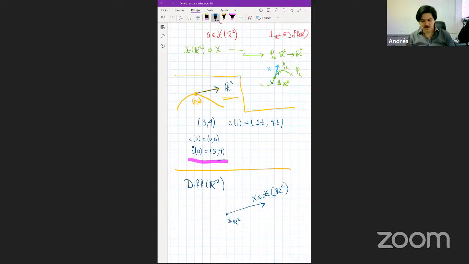And the flow is something like this. It's a collection of Vt, because phi of 0 is the identity, that's the initial condition.